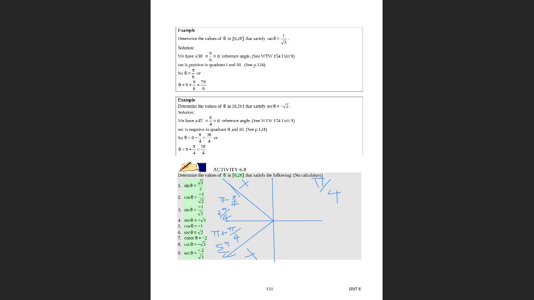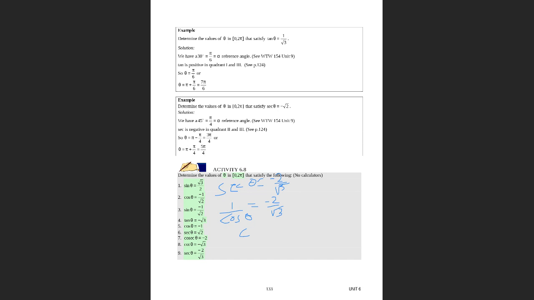Have you seen them? Yes, sir. Now let's look at the last one. It says sec theta equals negative 2 over root 3. Sec theta is the same as 1 over cos theta, so 1 over cos theta equals negative 2 over root 3.